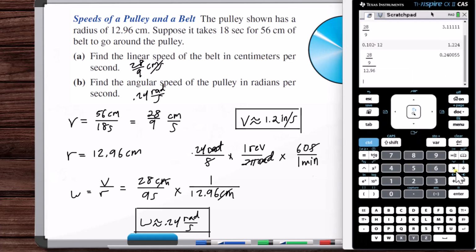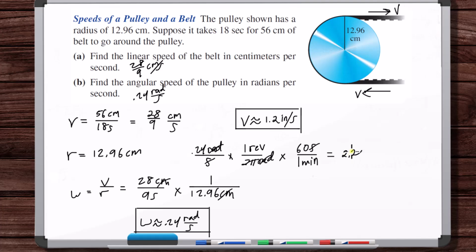So that's 0.24 times 60 divided by 2 divided by pi, 2.29 revolutions per minute, RPMs. So that's pretty intuitive. It's about 2.3 revolutions every minute.